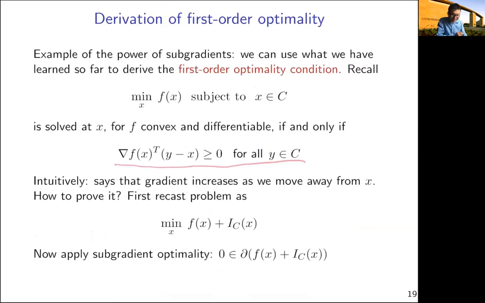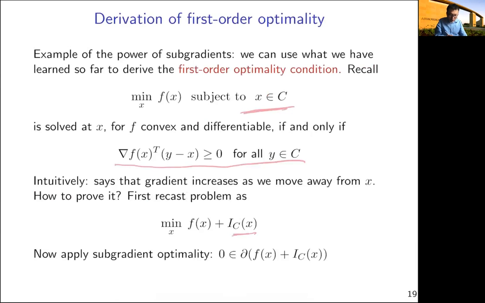If the gradient at location x satisfies this normal cone constraint, then this says that x is optimal. We can derive this using subgradients and subgradient calculus by casting this constraint set as an indicator function. Let's work it out and apply the subgradient optimality condition.